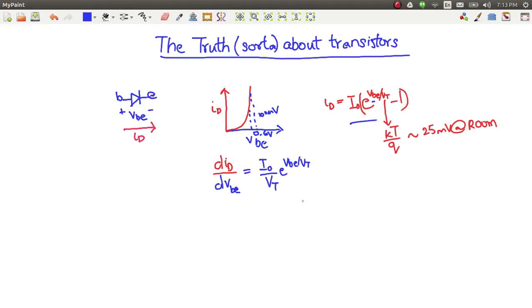If I look at this, when the current is large, the exponent part is very large compared to 1, so this is basically almost the same as ID.